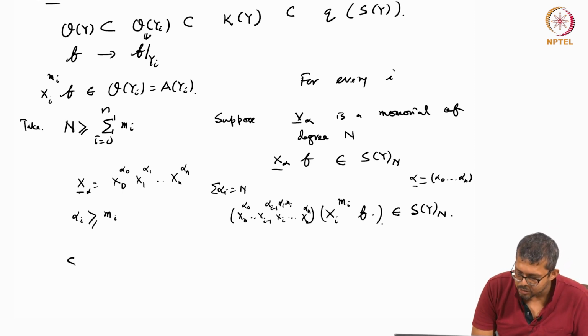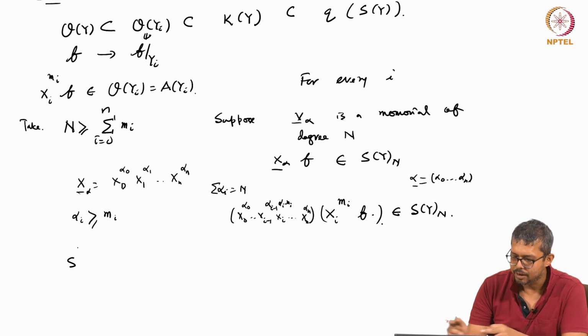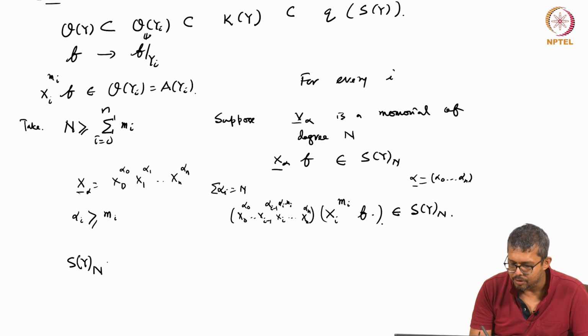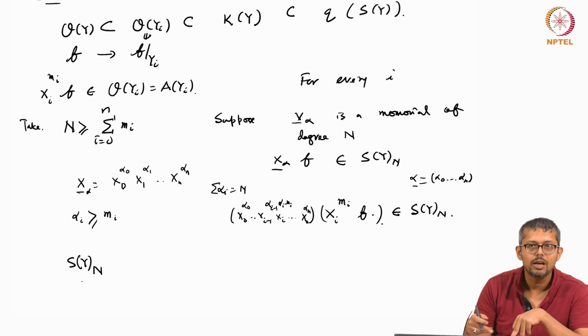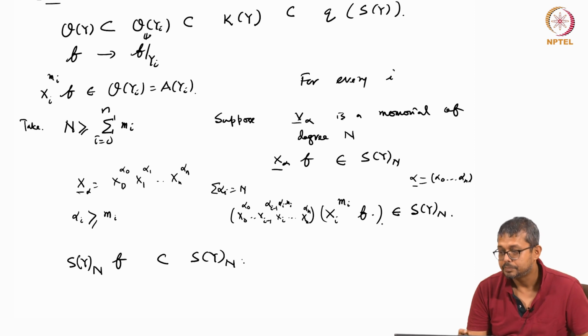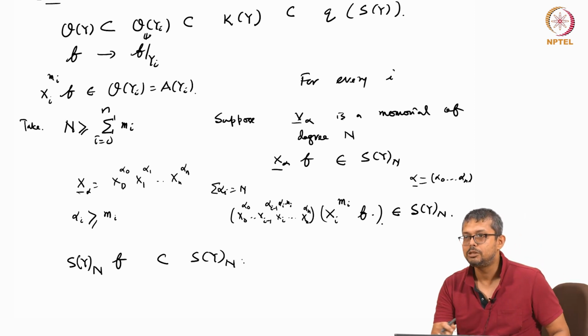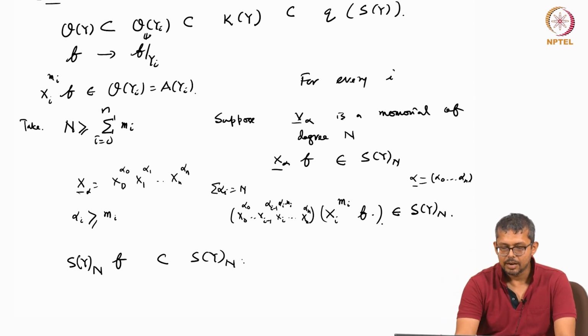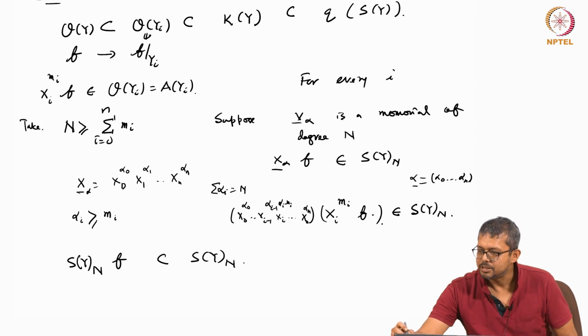So this is for any monomial of degree capital N. That means you can do it. If I take a monomial of degree N, then S_Y N of f is in S_Y of N, because it is generated by monomials, and for every monomial you are doing this. Now you can repeat this process.